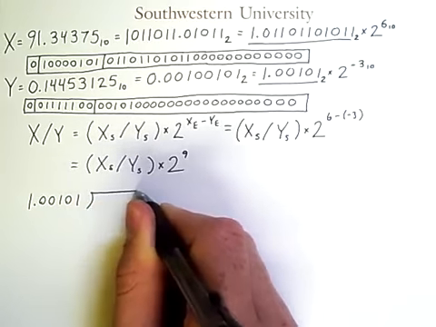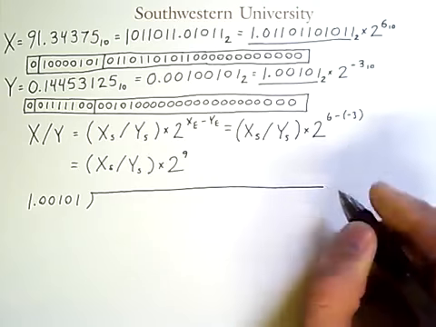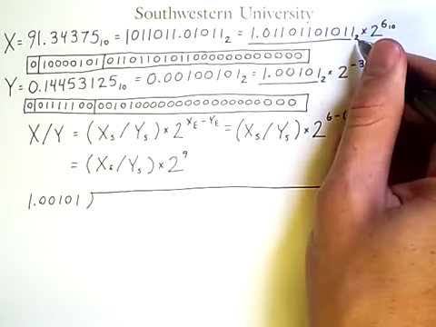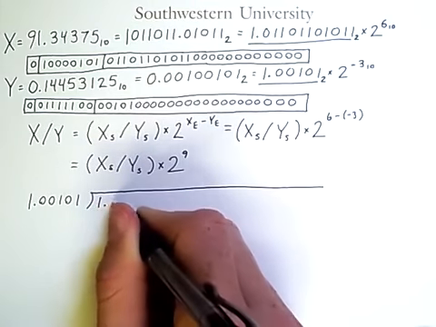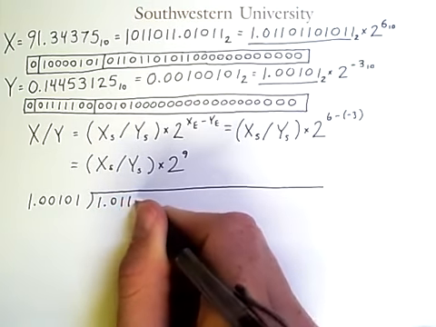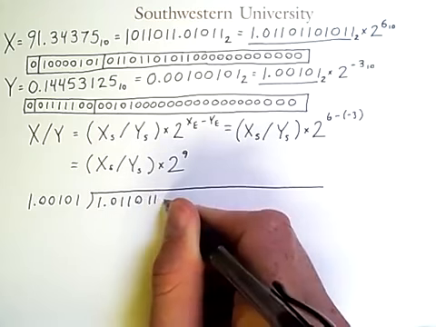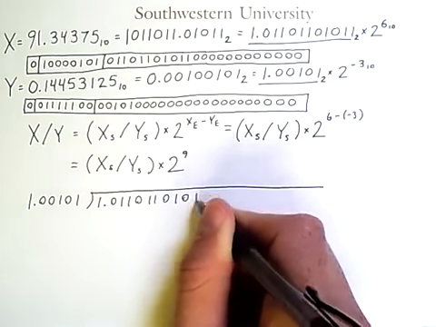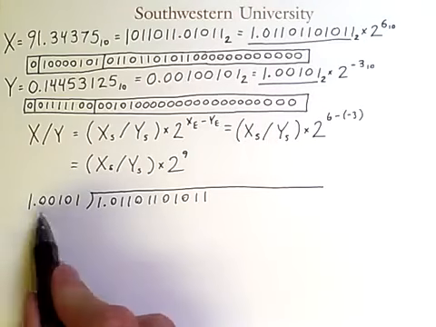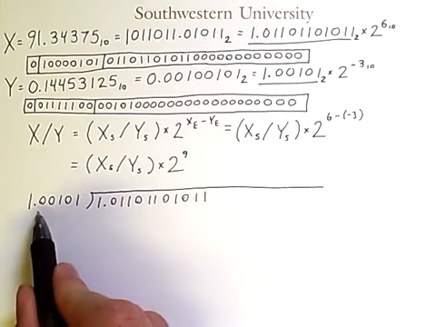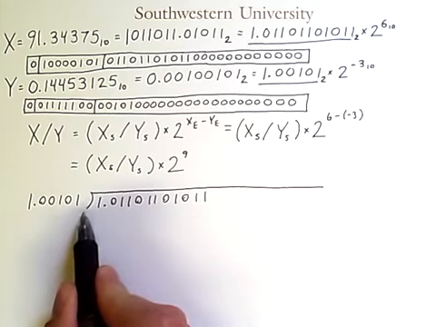and then I'll be doing long division, and I take this value, x's significand, and put it under here. 1.011, 011, 01011. And I'll start off by moving the binary point over here until it reaches this barrier.